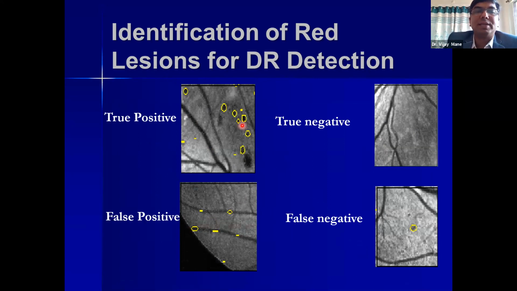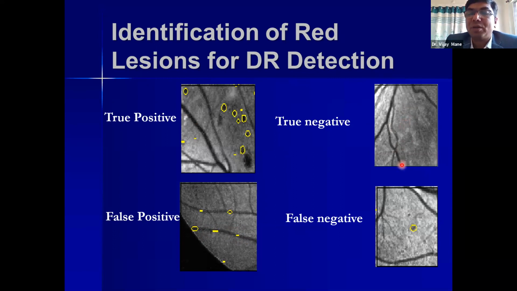Okay, so you can see here these are the detected microorganisms. Some false positives are there, maybe because of the dark lesions present over here. True negatives means that there are no microorganisms or red lesions present, and the algorithm has not detected any.